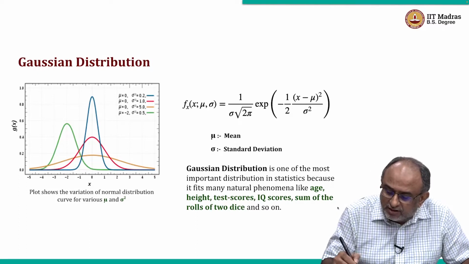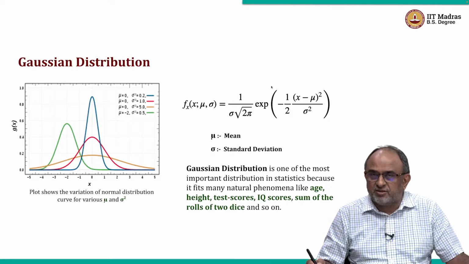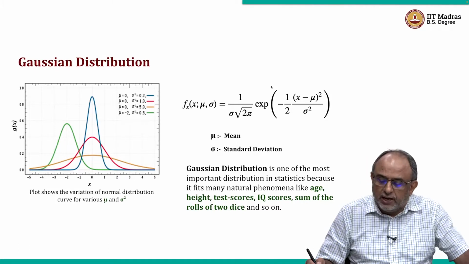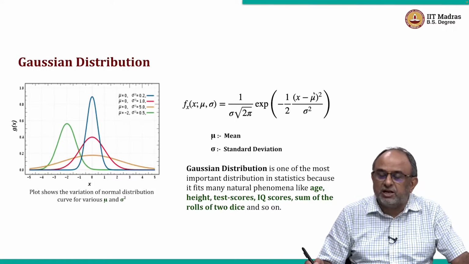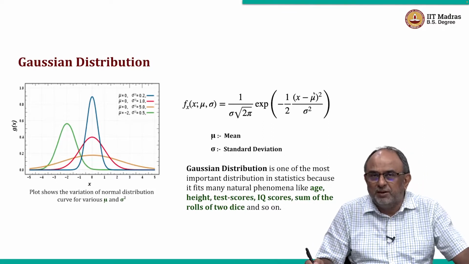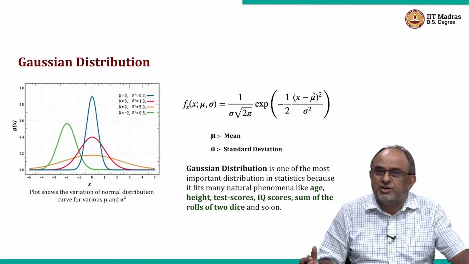The idea is that it has got a closed form equation describing this particular function, and it has two parameters. One is called mu, which is basically the mean, because it's quite closely related to our idea of what an average should be.